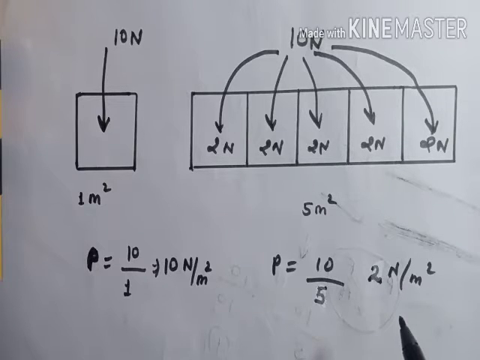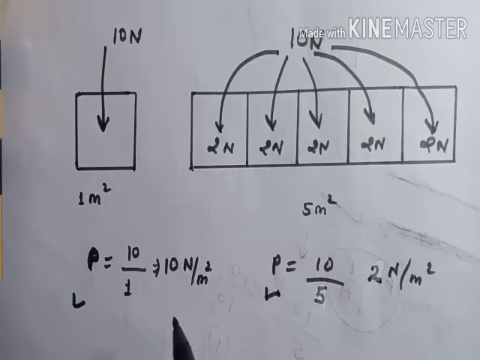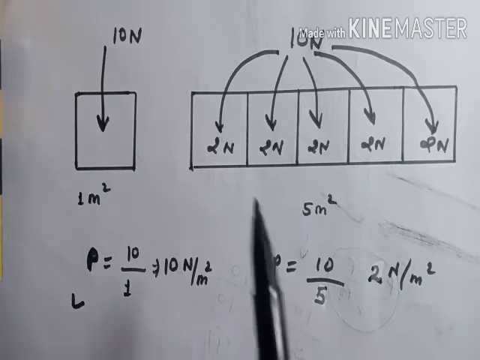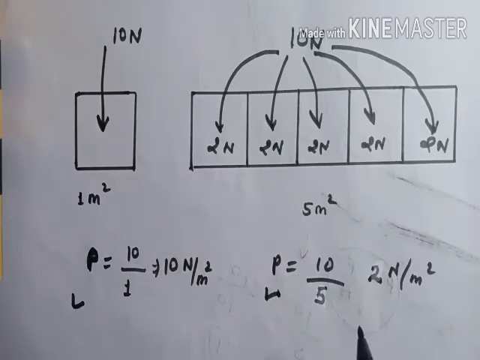Now you can see this is 2 Newton per meter square, and here it is 10 Newton per meter square, and this is called pressure, the force applied on unit area. So when I increase the area, for the same force pressure decreases, from 10 to 2 Newton per meter square.